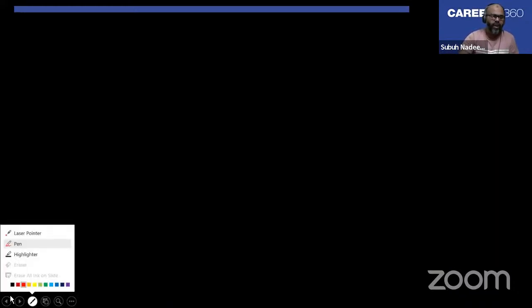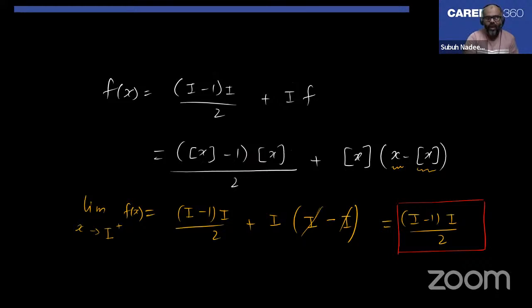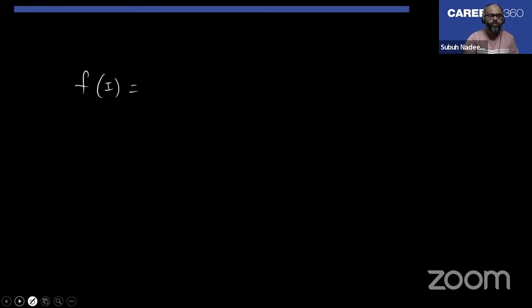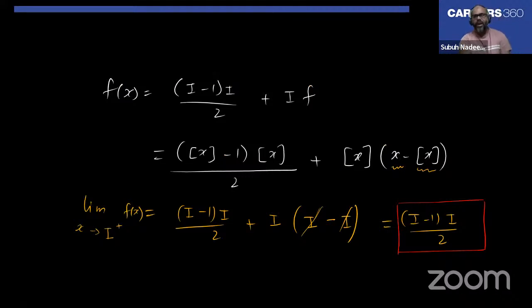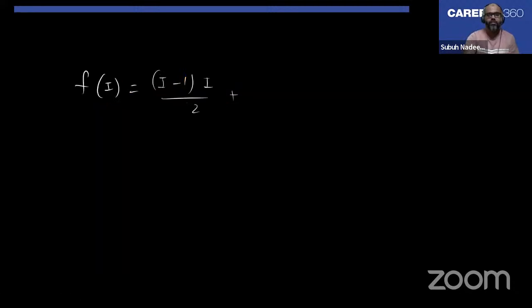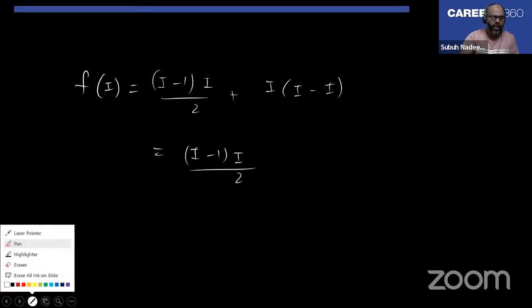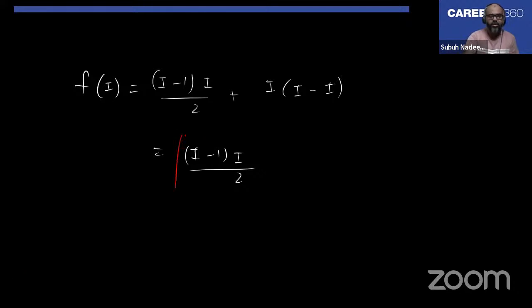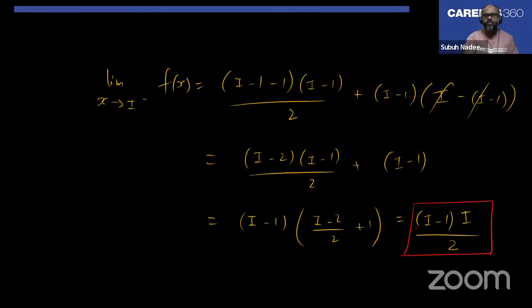Now, if we want to find the value of the function exactly at i, not i plus or i minus, in that case, it will be (i minus 1) into i by 2 plus this will become i, and i minus i, this will also become 0. So it will be (i minus 1) i by 2. So as you can see here, that this is also giving you the same value.